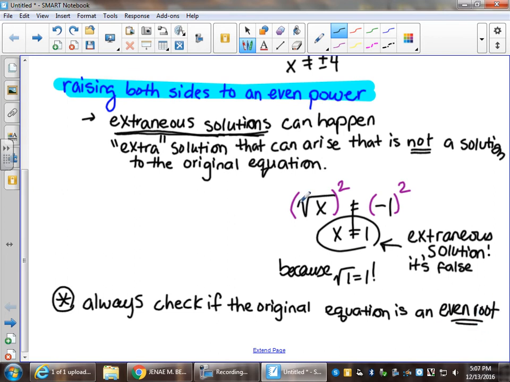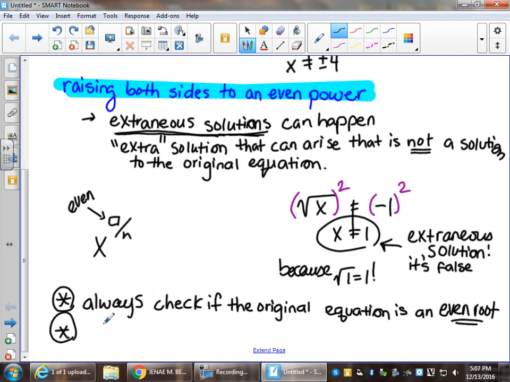So for example, from the outset, this was a square root. So if it's a square root, fourth root, sixth root, that would look like x to some even power here if this is even, the numerator. Always check if the original equation is an even root, because we possibly could get this extraneous solution.